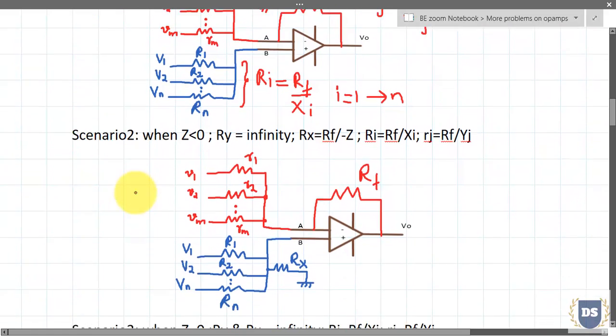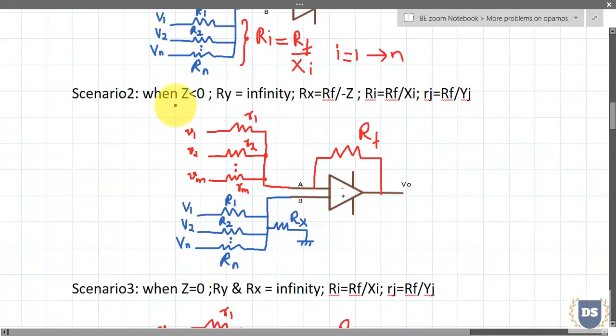In a similar way, we have scenario number 2, and scenario number 2 is when the Z is lesser than 0. So that is, after computing Z is equal to x minus y minus 1, if the Z value is negative, then we have to consider scenario 2 where Ry is equal to infinity.